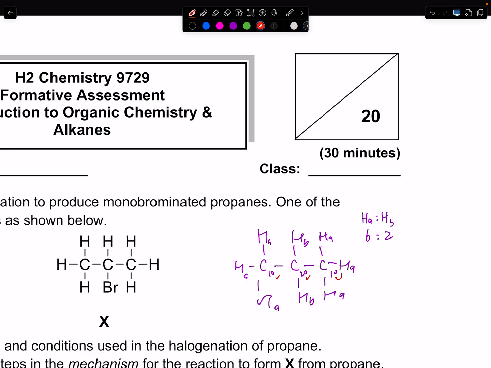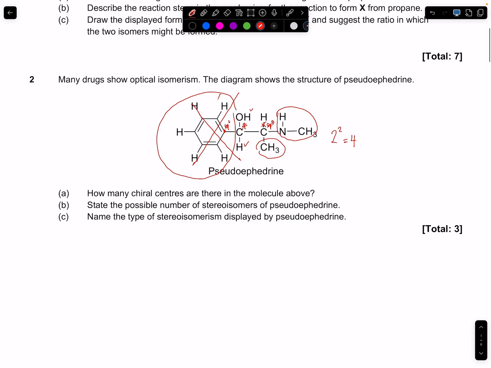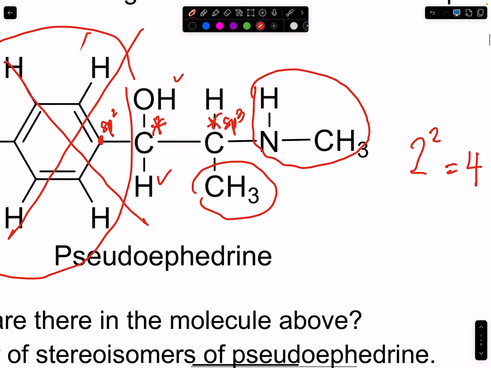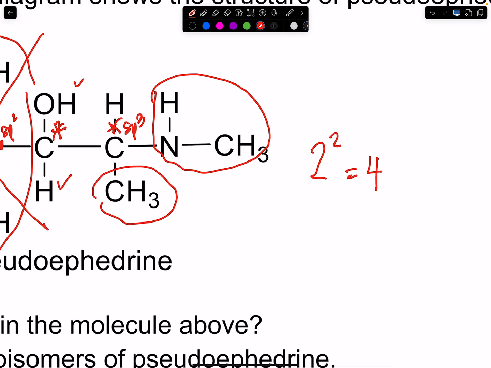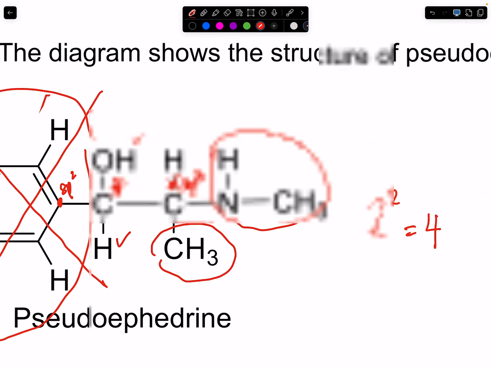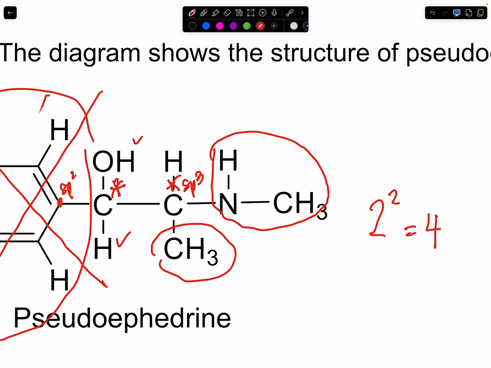So you have 2 chiral centers, right? You managed to get the 2 chiral centers. So 2 chiral centers means 2 to the power of 2, where it is 2 to the power of n, and n represents the number of stereoisomers, correct? When you have 2 chiral centers, one could be clockwise and the other anti-clockwise, giving 4 possible combinations.